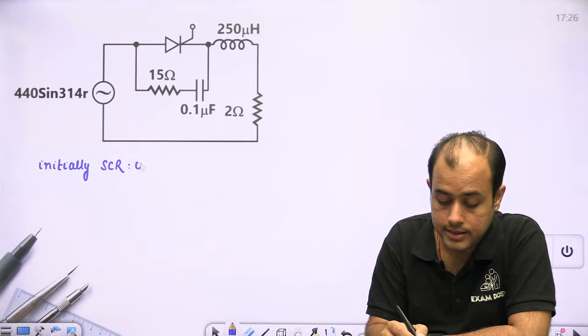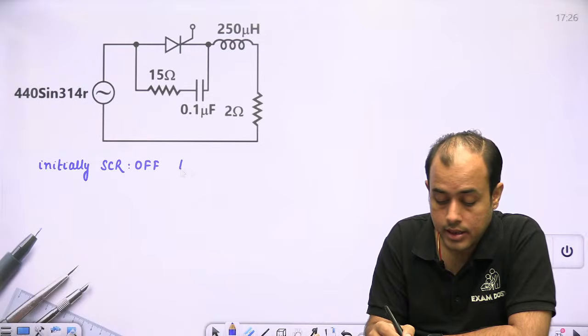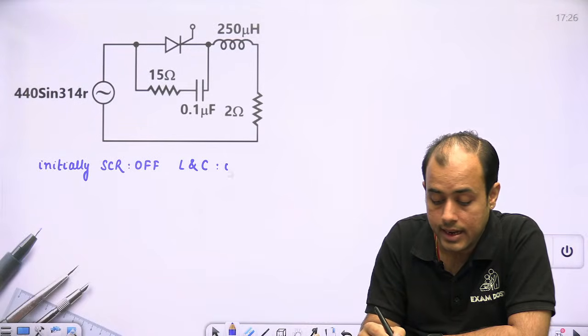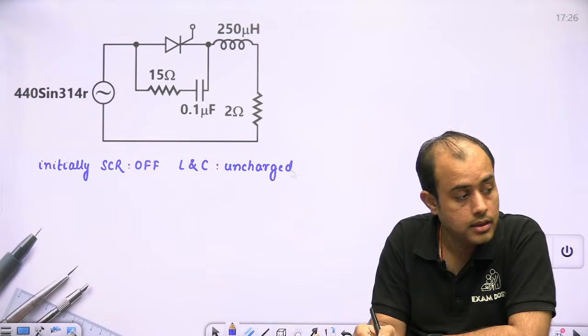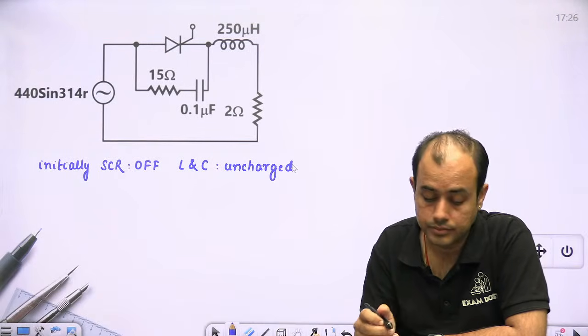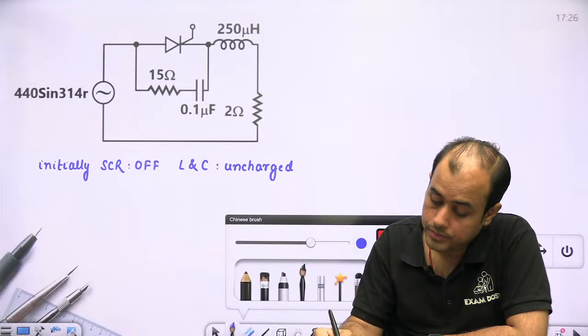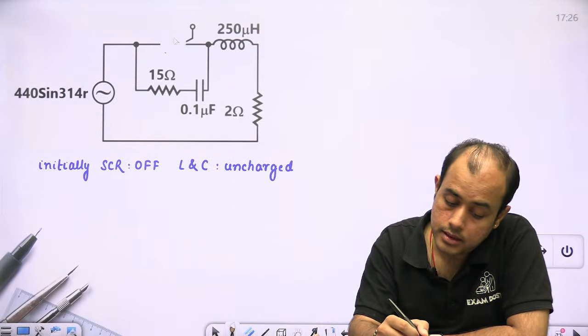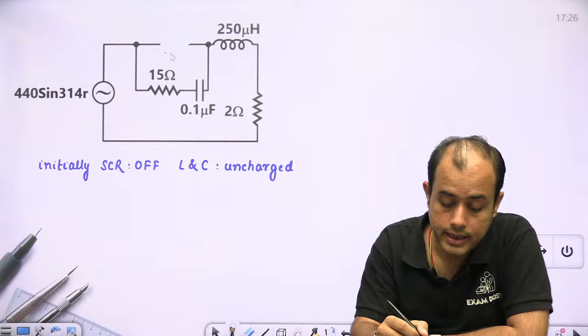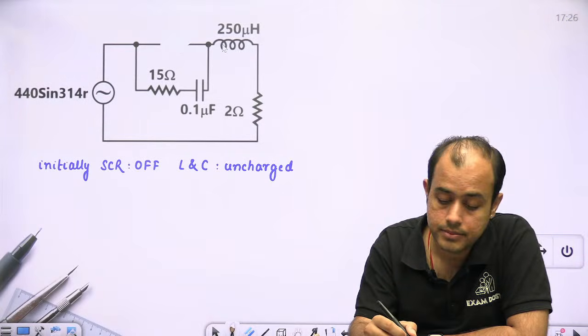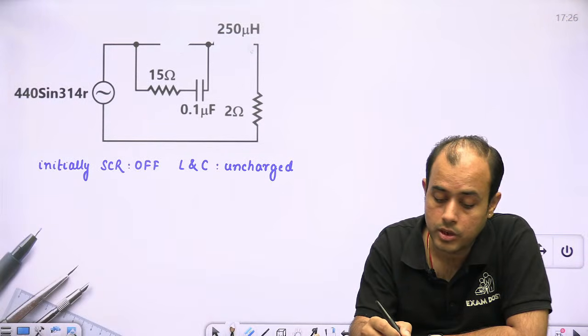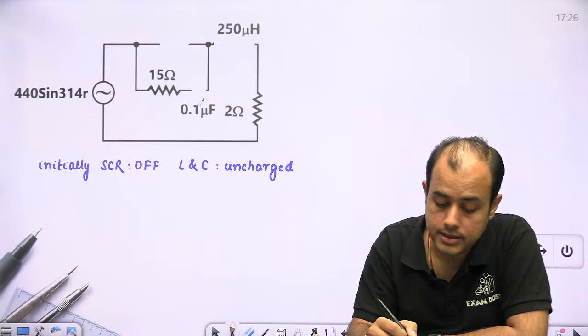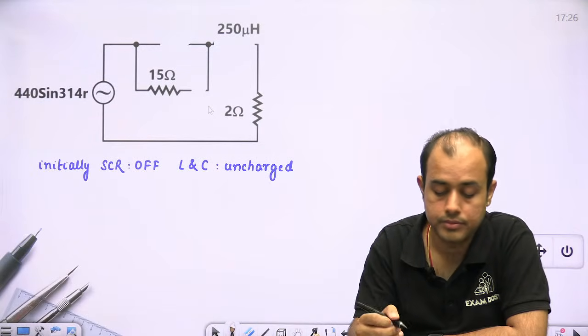Initially, SCR is off. Take L and C as uncharged. Okay. So, thyristor is off. Inductor uncharged means the inductor will be open, capacitor will be short.